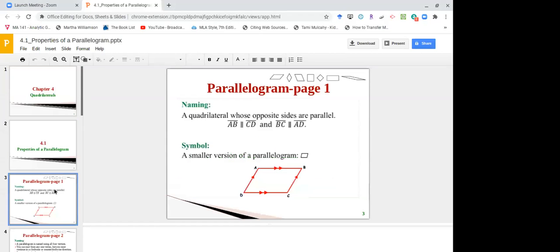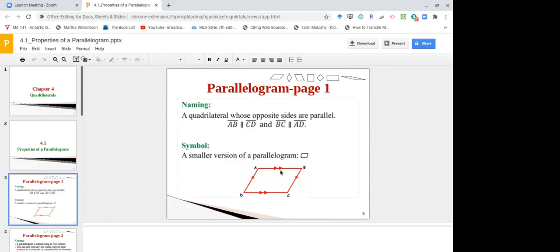You may or may not have heard of that before, but it is just what it sounds like. Parallel, you know what parallel means? Gram is a shape. So this is a parallel shape. And so a parallelogram is a four-sided figure where the opposite sides are parallel to each other.